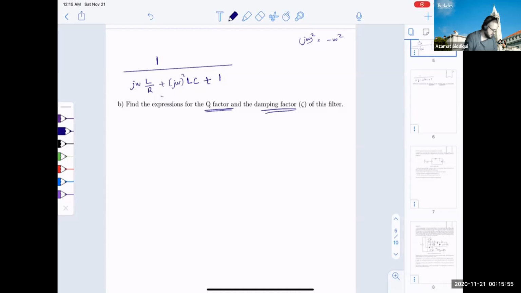Usually how they do it is we know that we can write the above expression like this.